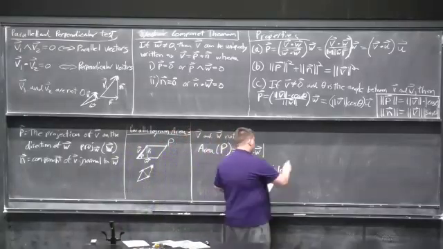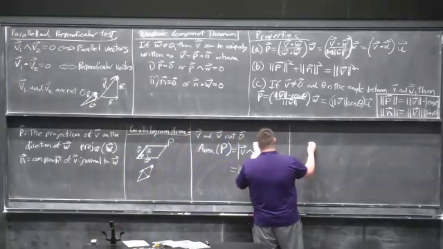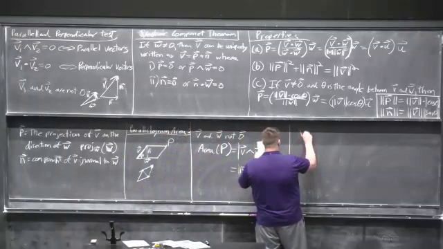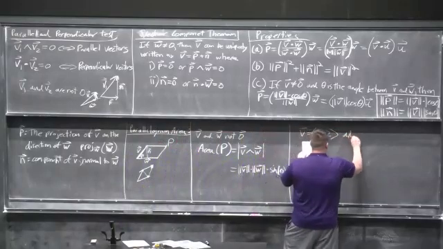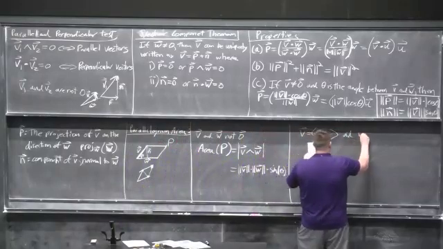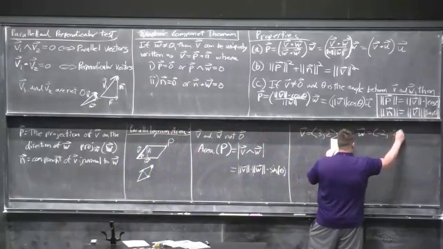But let's work a quick example. We want to find the area of the parallelogram formed by V equal to (3, 2) and W equal to (-2, -8).